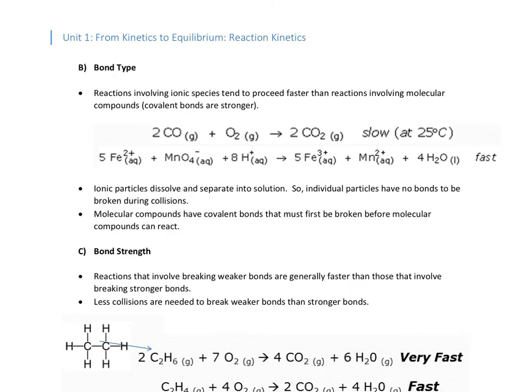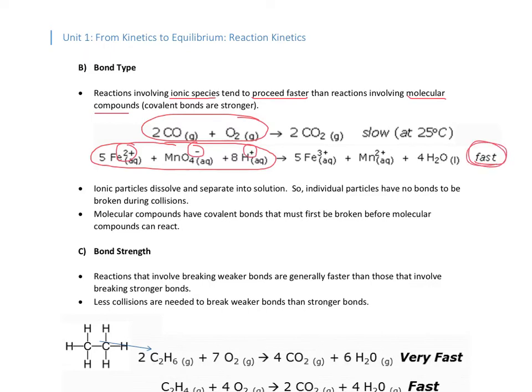Next, we'll look at the bond type. Reactions involving ionic species will proceed faster than reactions involving molecular compounds. For example, if we're going to look at the reaction of carbon monoxide and oxygen, which are molecular compounds, with the reaction between iron, permanganate, and hydrogen ion, you'll notice that the ionic compounds will react faster than that of the molecular.